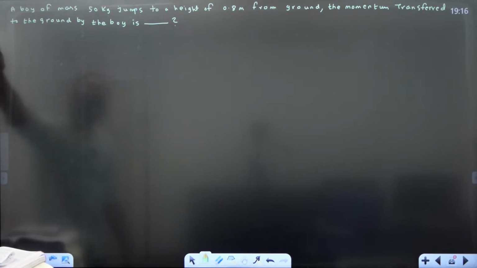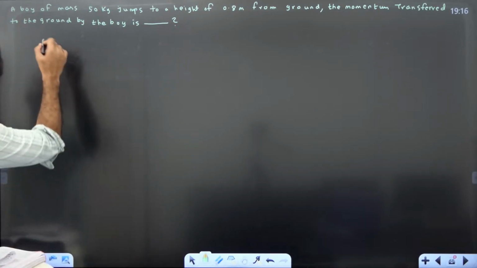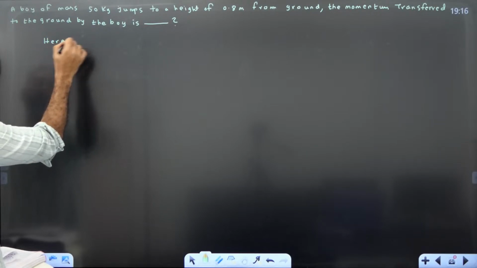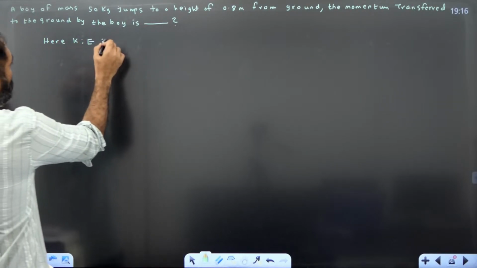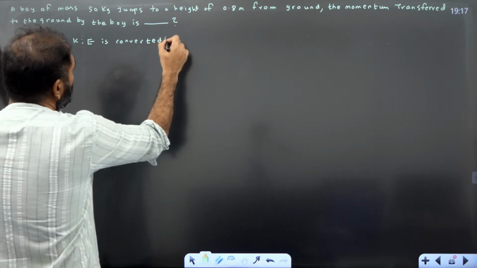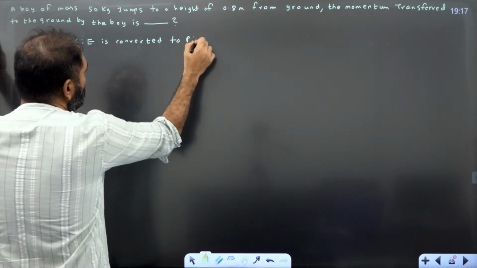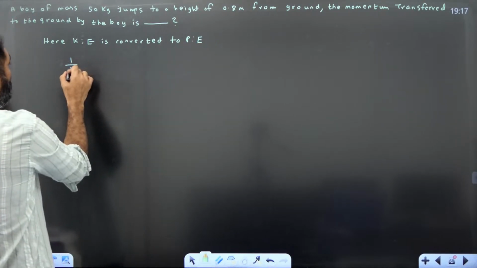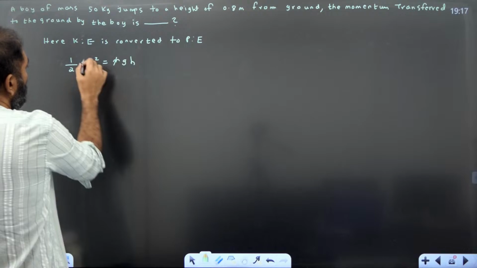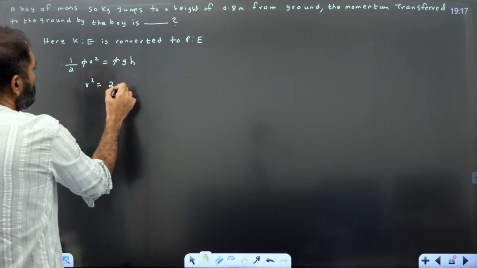A boy is jumping. At the time of jumping, he has kinetic energy. So here, kinetic energy is converted to potential energy. It is jumping to a height, so kinetic energy is converted to potential energy. That is, half mv square is converted to mgh. So m is gone, and v square equals 2gh.